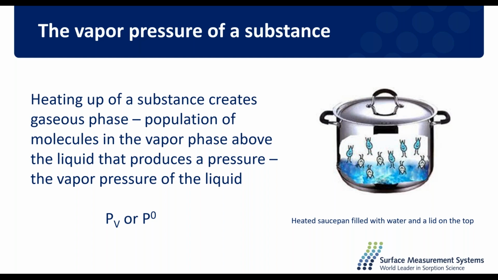So heating up of a substance creates a gaseous phase, the population of molecules in the vapor phase above that liquid, and that is translated to a pressure, which we call the vapor pressure of, in this case, a liquid. Throughout the presentation, you'll see vapor pressure abbreviated either as PV or sometimes P naught.